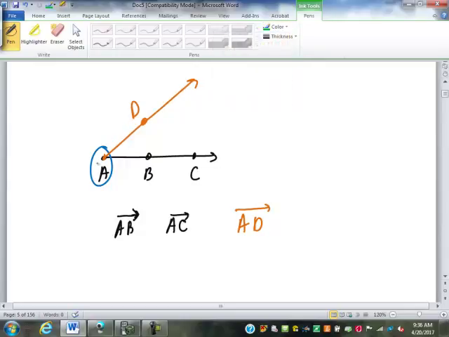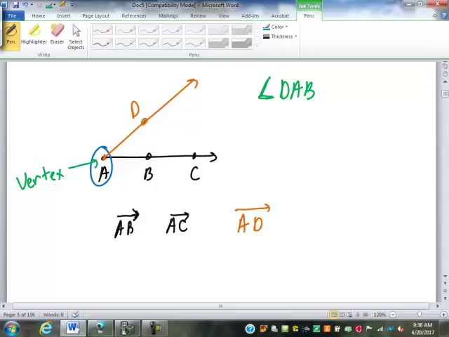When we put those two rays together with that same starting point, of course, that starting point is called a vertex. And it forms an angle. And we would label that angle, it could actually be labeled many ways, but this symbol here means angle. DAB is one way it could be labeled.